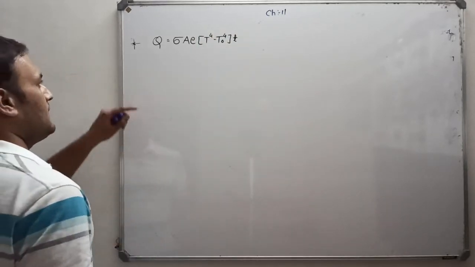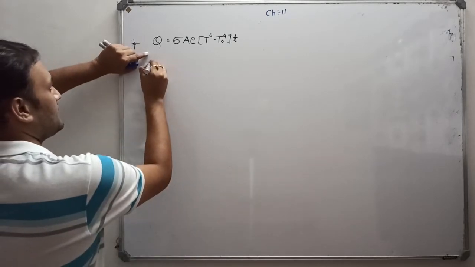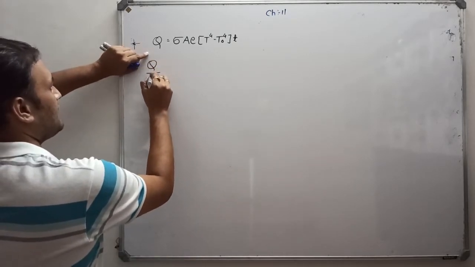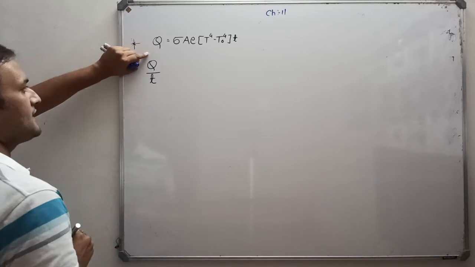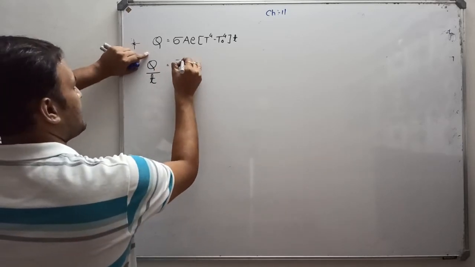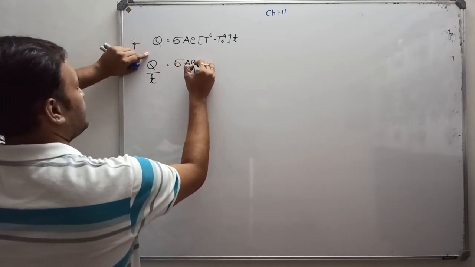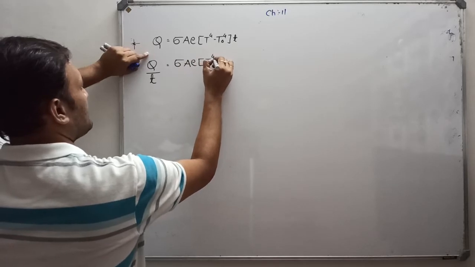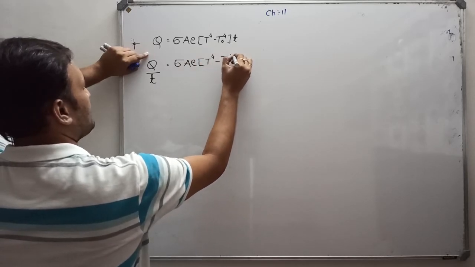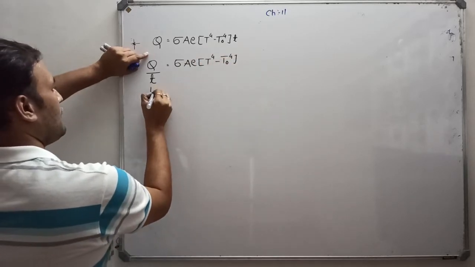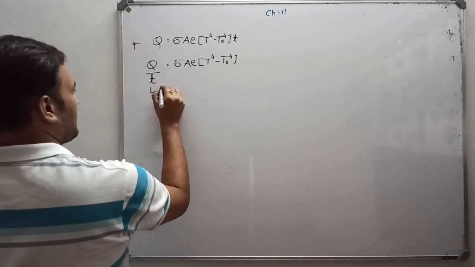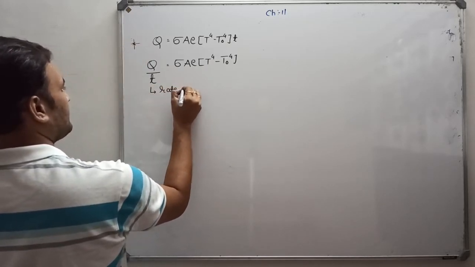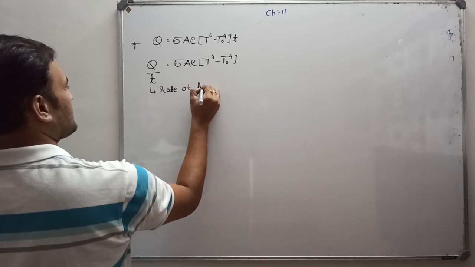If I take Q upon t, it is sigma A E into T raised to 4 minus T0 raised to 4, and this is called the rate of heat lost.